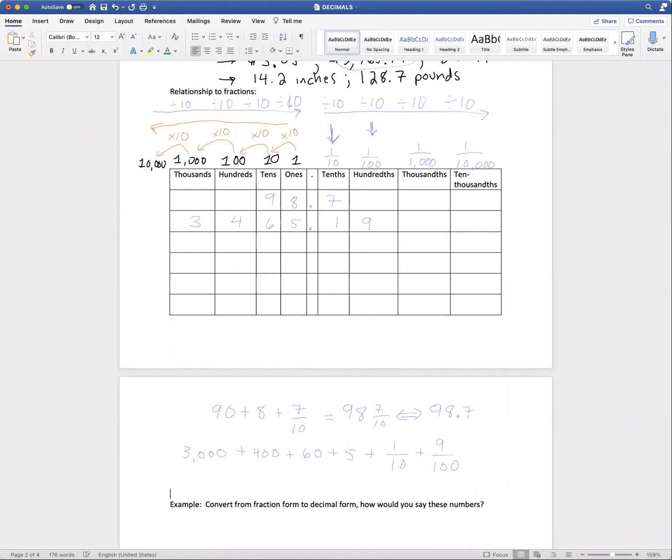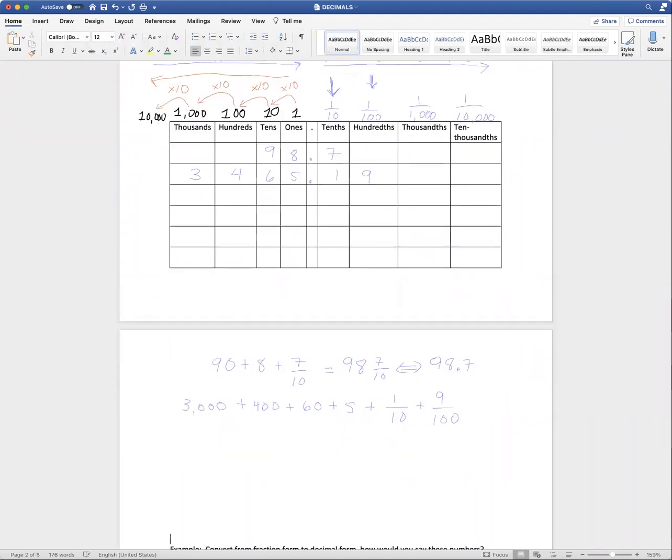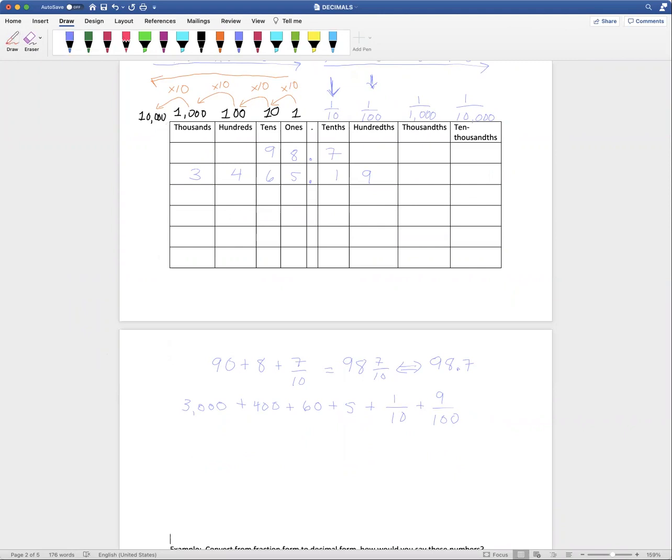Just creating a little bit more space here, we can rewrite that as 3,465, right? And now one way we can do it is 1/10 and 9/100ths.